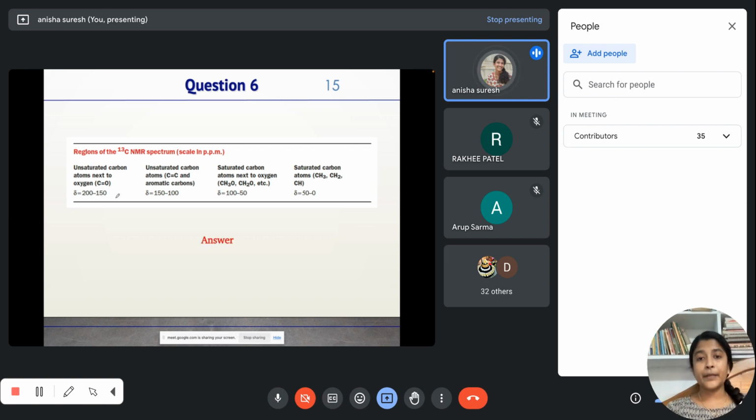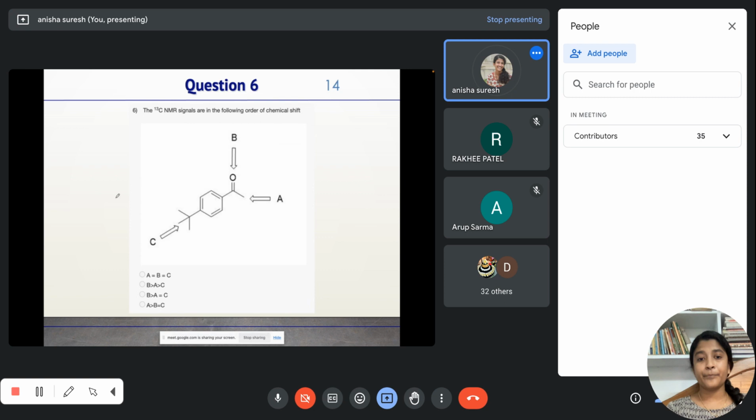So now coming back to our question, can anyone predict what will be the range of A? 100 to 150. 100 to 150 region is coming for alkenes and aromatic regions.